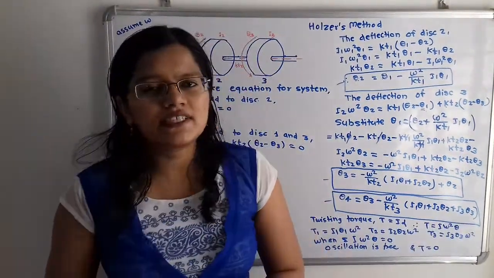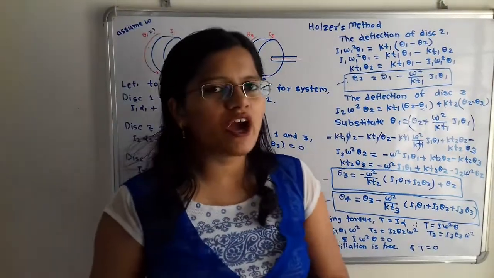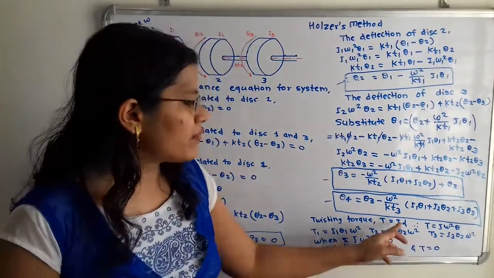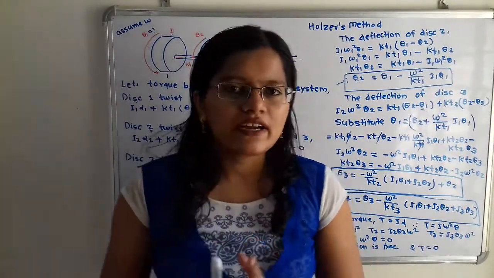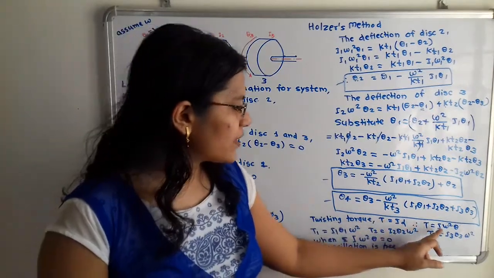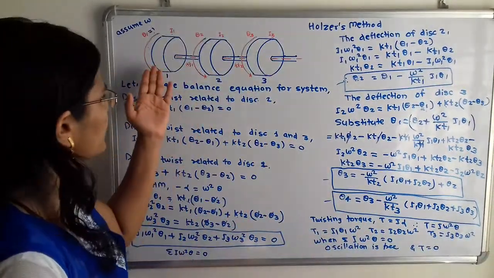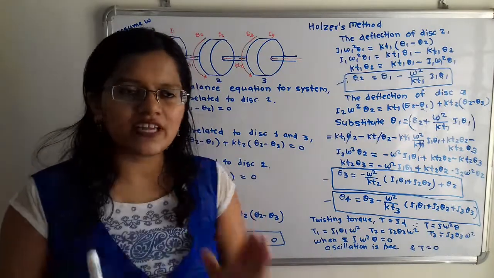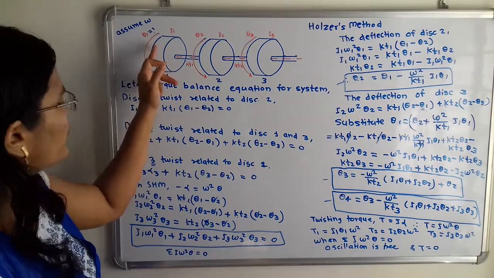Now we will consider the twisting torque, that is T is equal to I alpha, but we have already seen that alpha means omega square into theta. So we can write the formula, that is T is equal to I omega square theta. Related to disc 1, the torque produced is T1, that is I1 theta 1 multiplied by omega square.